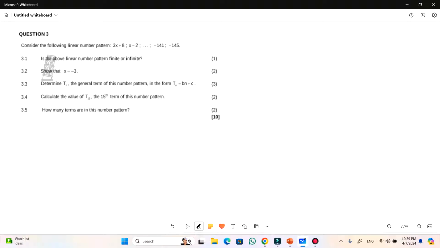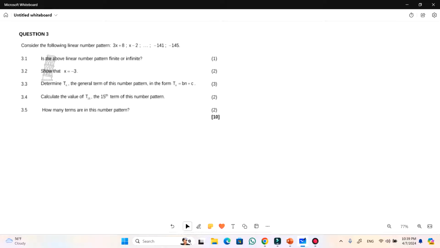So we cannot say it is infinite, because with an infinite sequence, we don't know the last value. Here we know the last value is negative 145, so we can say it is the last term.